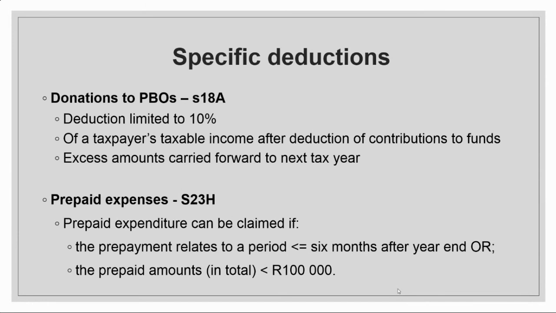Then I have to look at the remaining expenses. Whatever is left over of the prepaid expenses after deducting whatever relates to the 6 months, if all of those in total are less than 100,000, then I can deduct that as well. If it is more than 100,000, I can only deduct it in the following tax period.